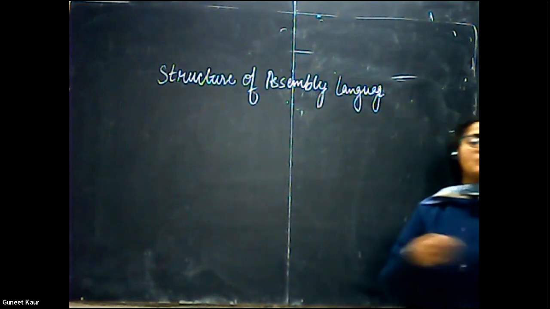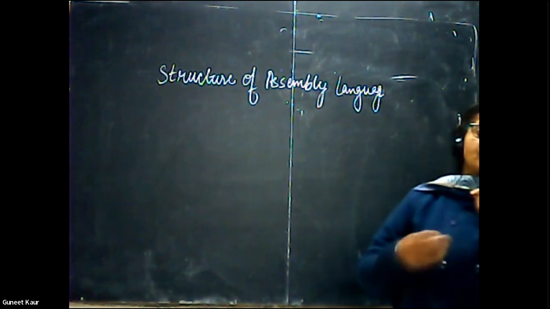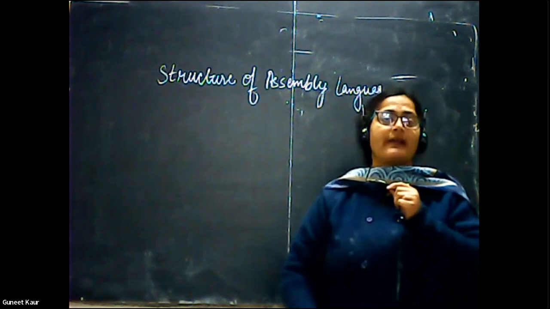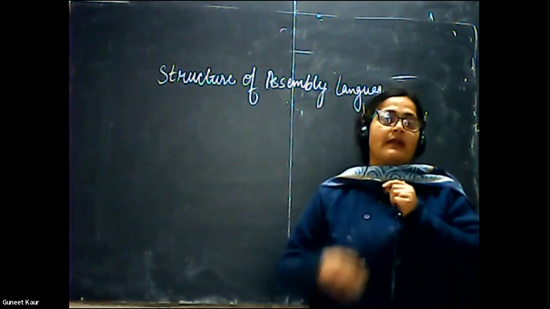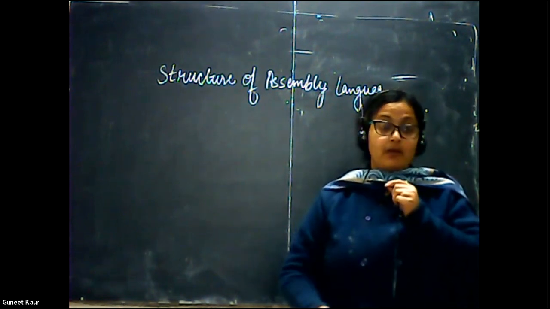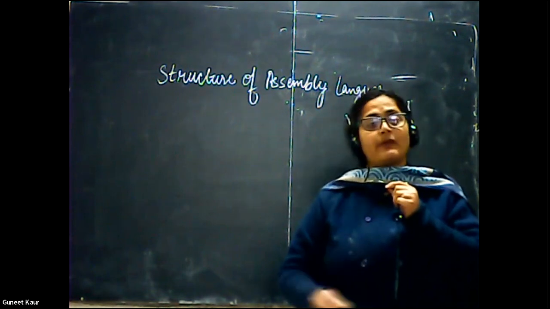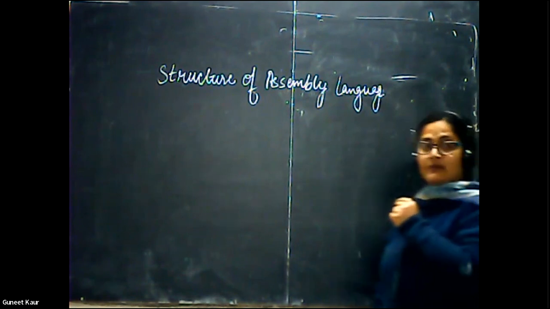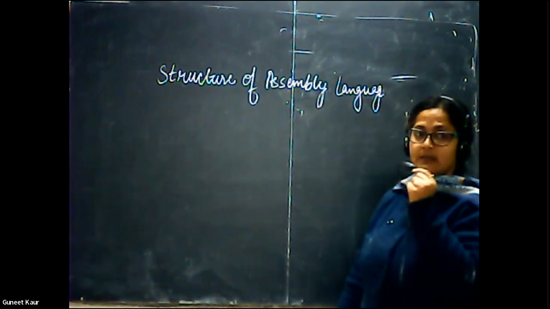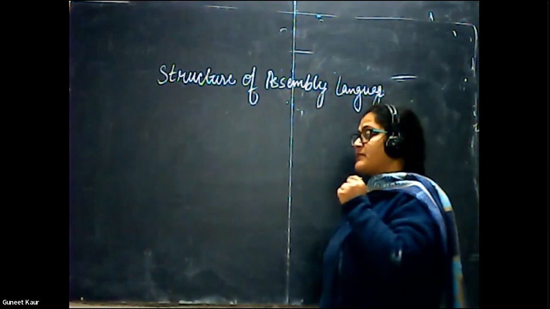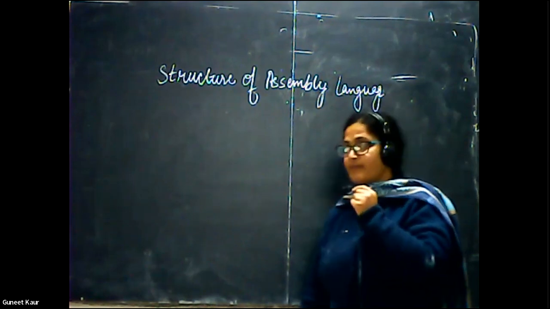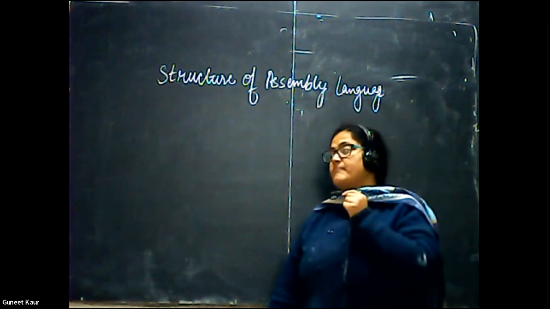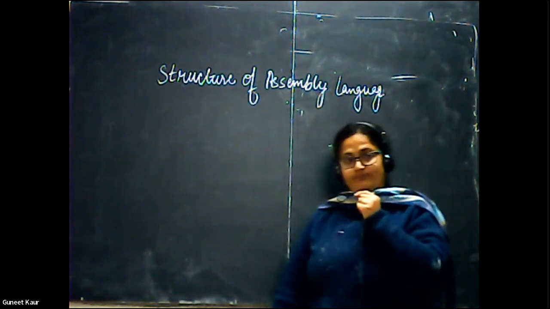If you want to copy the contents to any register, then you use the mnemonic MOV. If you want to add two numbers, then you use the mnemonic ADD. So assembly language is what provided the mnemonics for the machine code instructions, plus other features also.